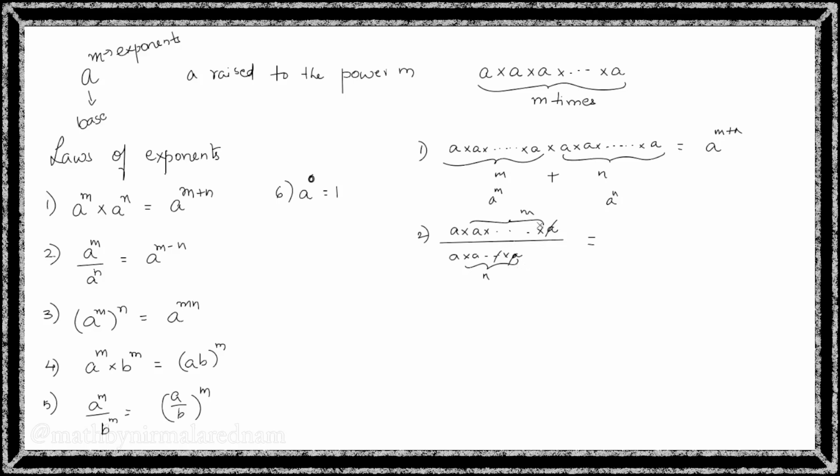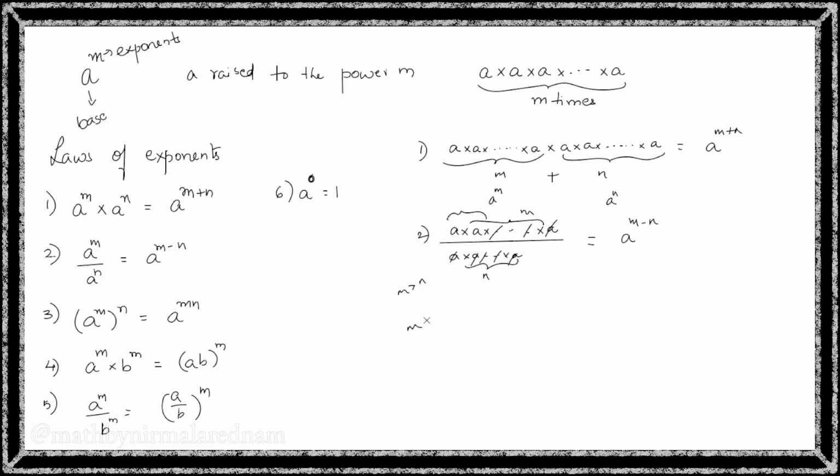So I'm going to cancel them. If m were greater than n, then after cancelling all the a's in the denominator, I'm going to be left with m minus n a's in the numerator, and therefore the result will be a power m minus n.